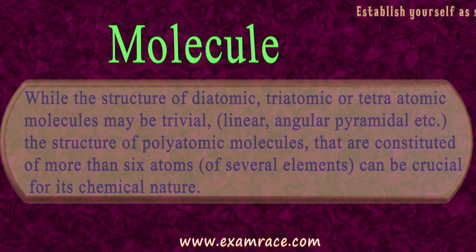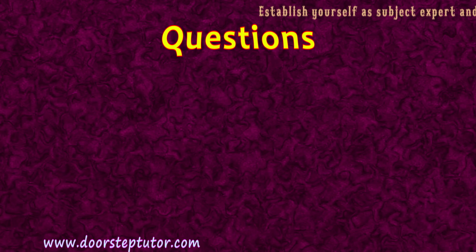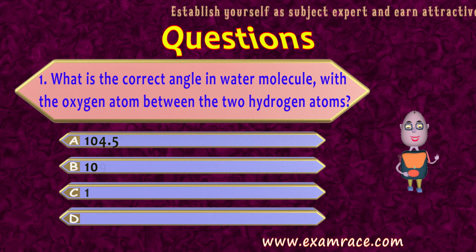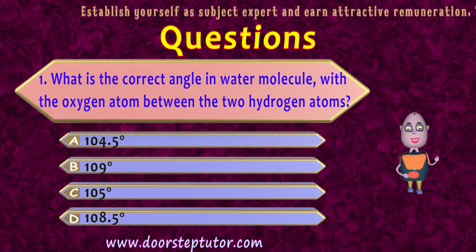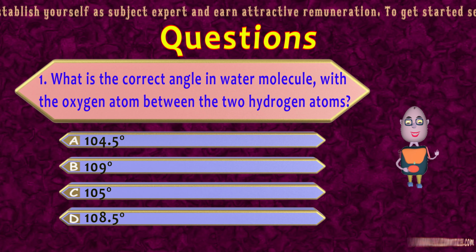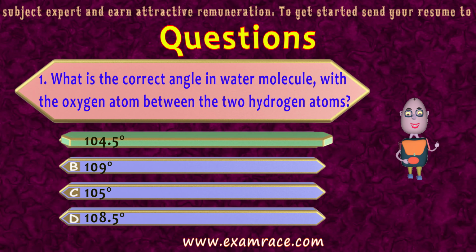Now let us discuss some objective questions related to this topic. So first question is, what is the correct angle in a water molecule with the oxygen atom between the two hydrogen atoms? It is a factual question. So the right answer is option A, 104.5 degrees.